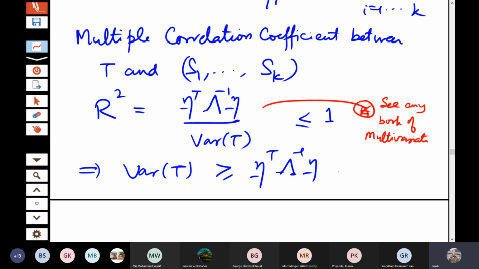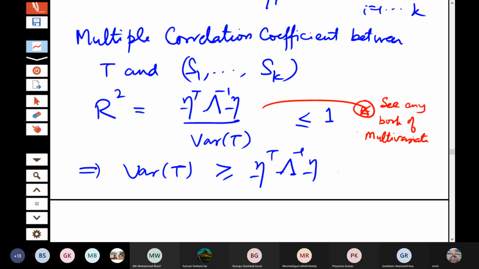But maybe I can just give it in the next class about an explanation about how to obtain this. Okay, so is this derivation clear?